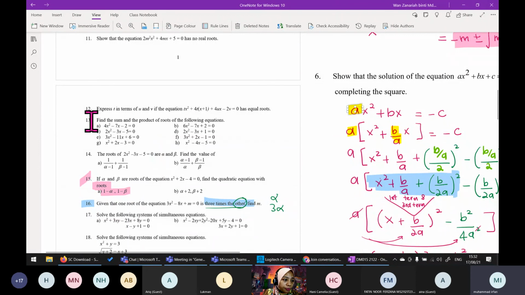Number 12. Okay, express T in terms of U and V if the equation T square has equal roots. Okay, apa maksud dia equal roots?